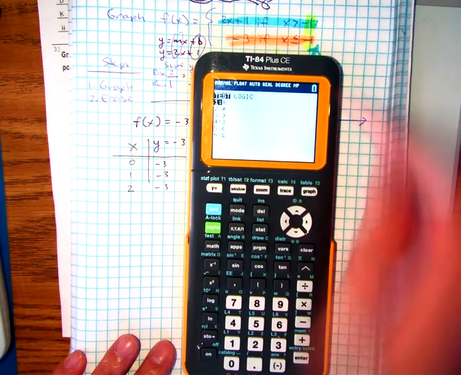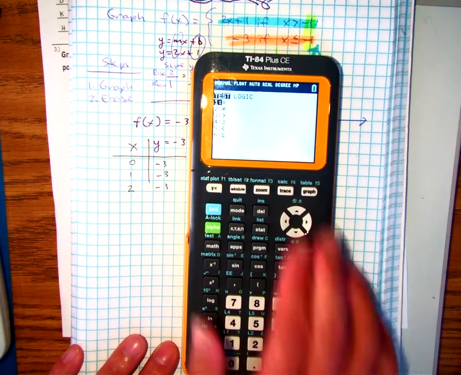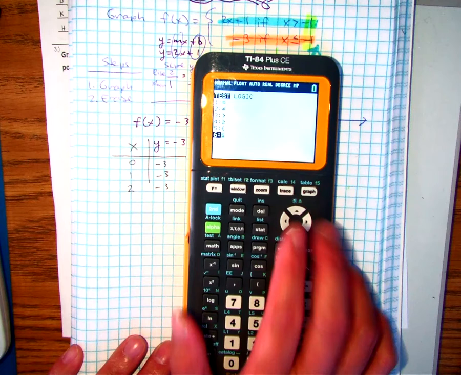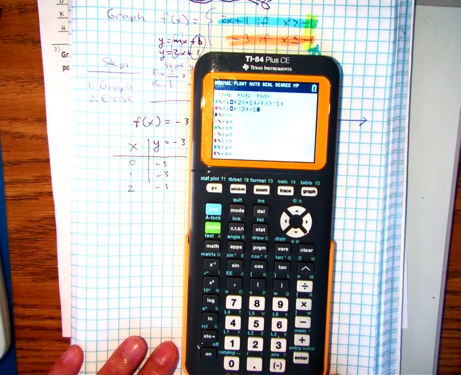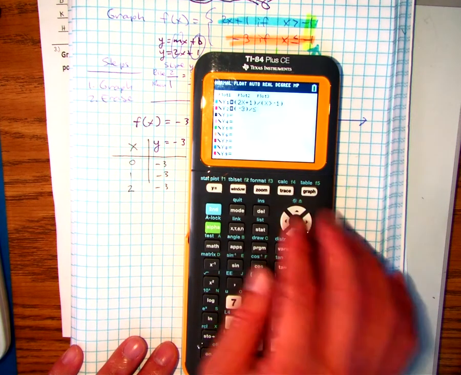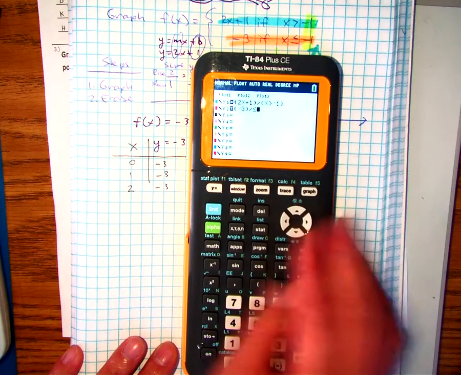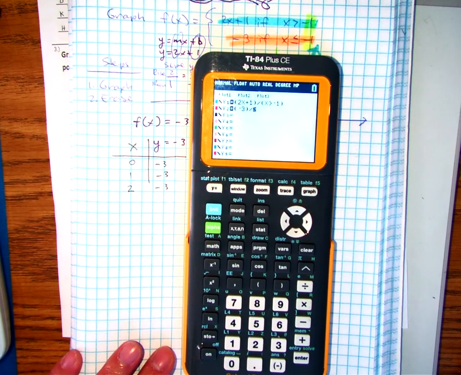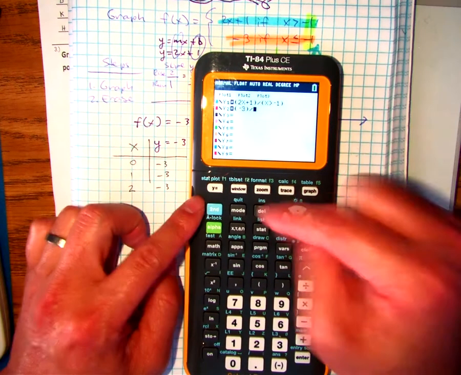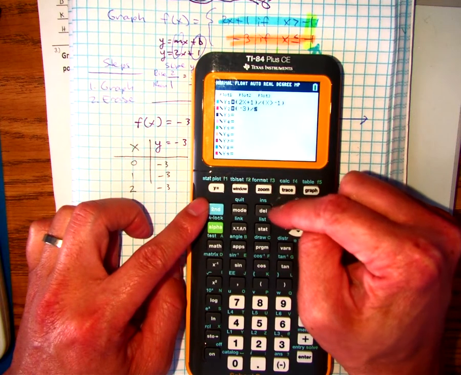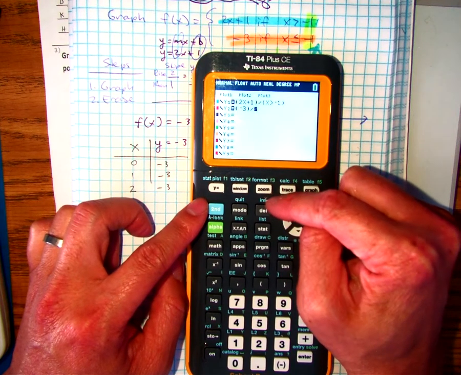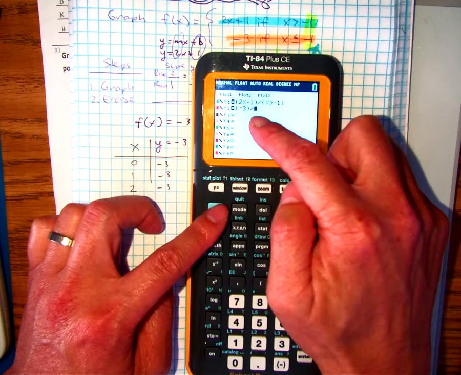So under test, x is less than or equal to. Uh-oh. Made a mistake. I was supposed to put parentheses x. If you make a mistake like I did, I'm going to press second delete. That basically gives me insert, because I'm lazy and I don't want to delete that and then have to go back.